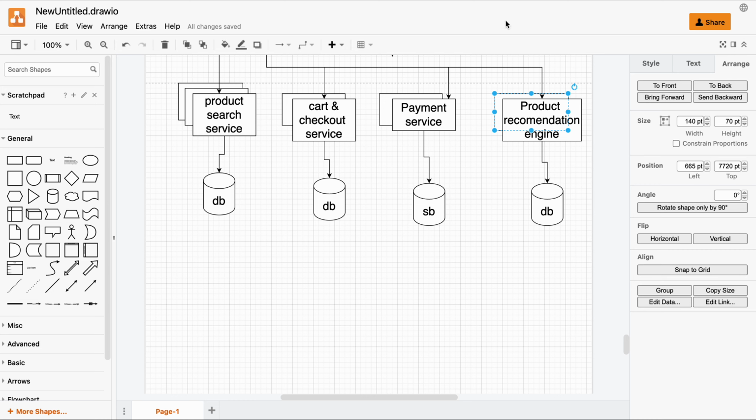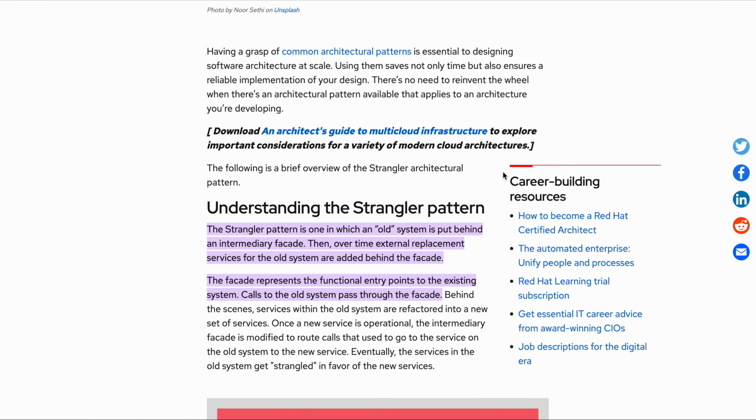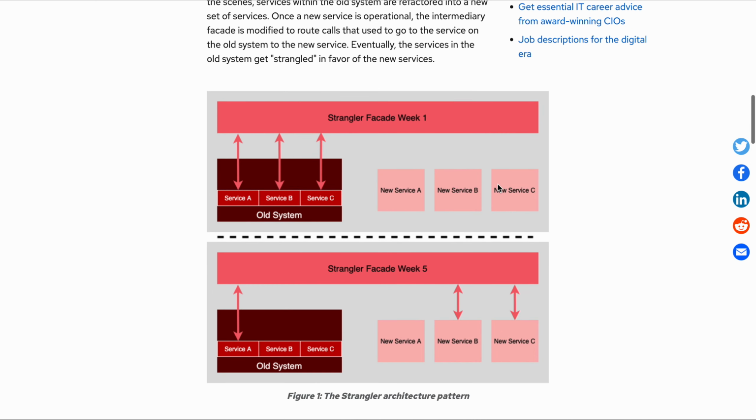The strangler pattern is mostly what is happening if you are not creating new microservices from scratch. Mostly in big companies they already have big monoliths, so that gets gradually scoped out into microservices. That's the strangler pattern. It is beautifully displayed here.